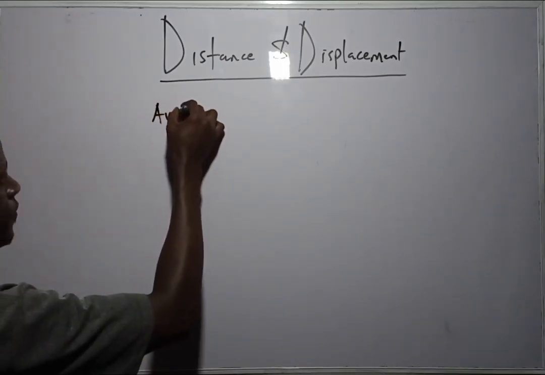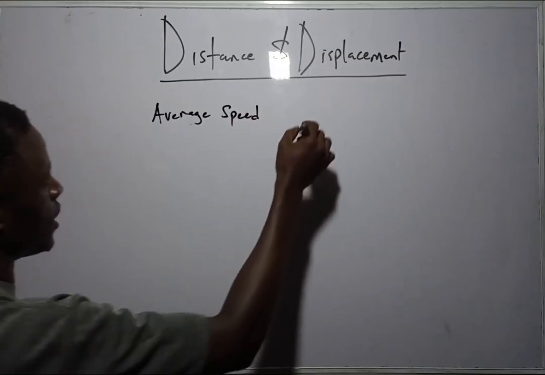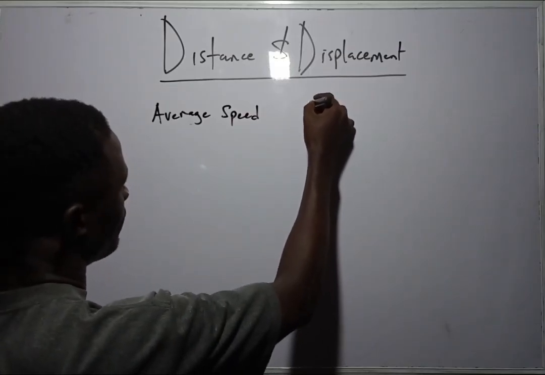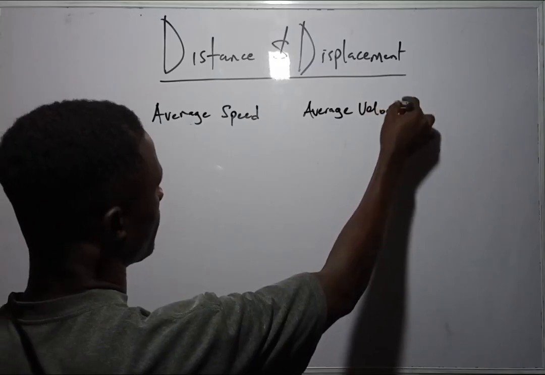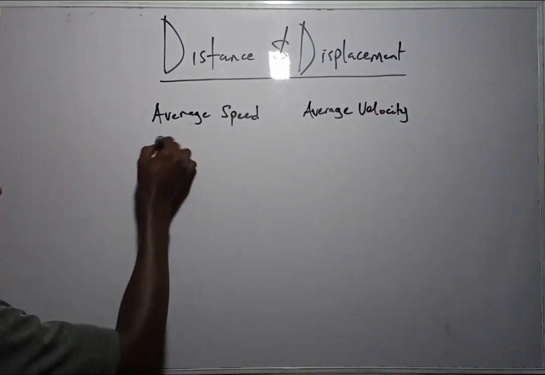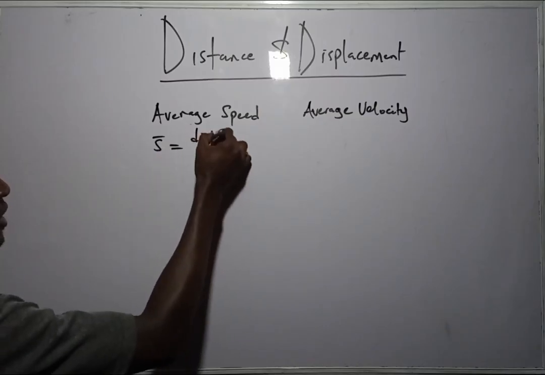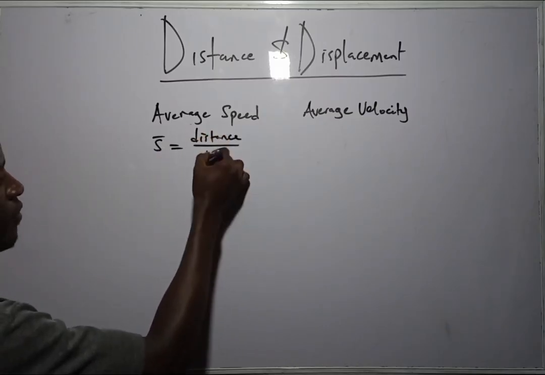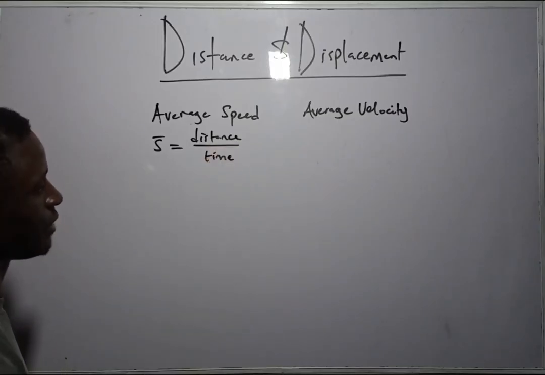Average speed and average velocity. So what is average speed? Average speed is written like this: equal to distance over time taken. That's total distance covered over total time taken.